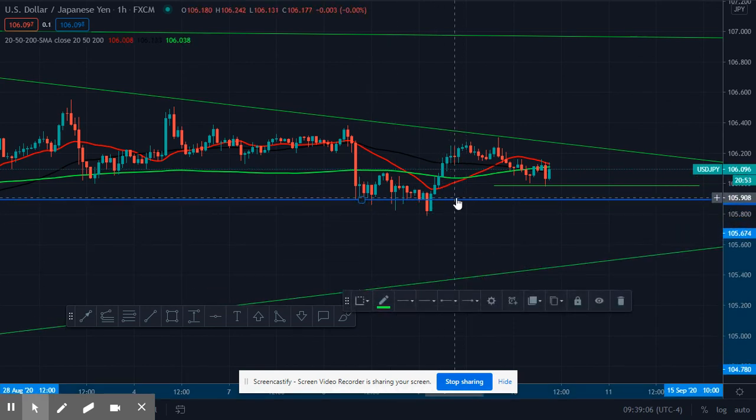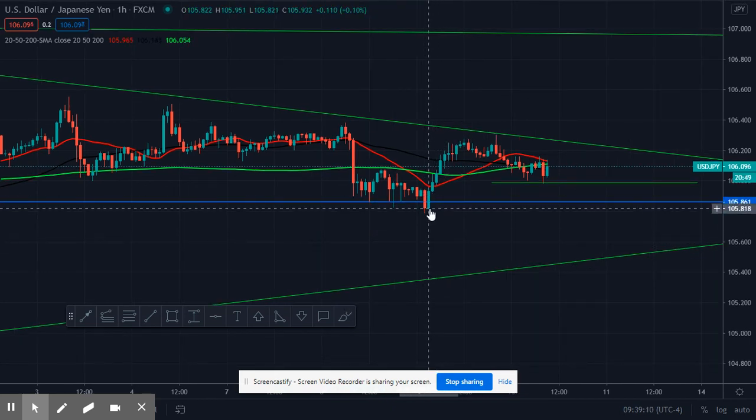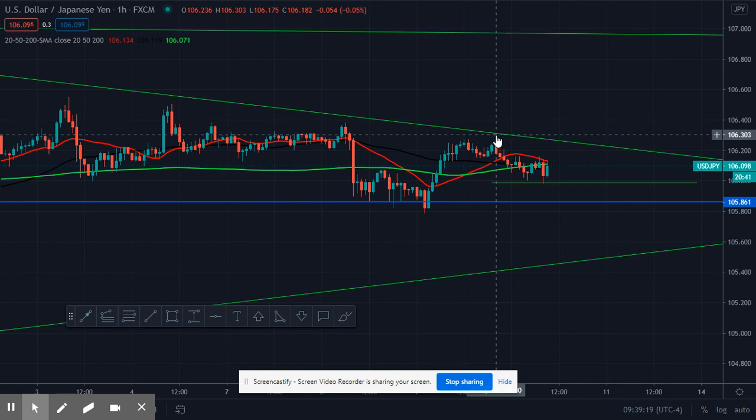Like this is all resistance. I mean support. Price broke. You're thinking it's going, and it comes back, and then look at this long rally up. So that's why you need to see if a candle can close.